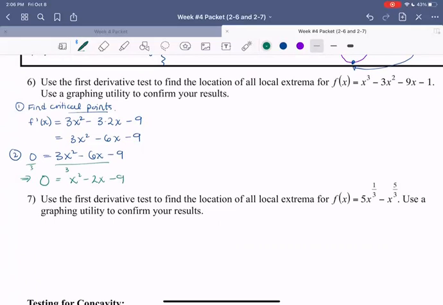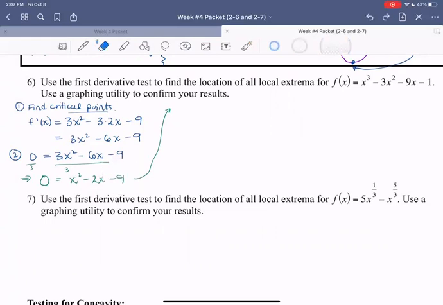So from there, we can try to factor. I'll bring that over here. So if I want to factor x squared minus 2x minus 9, well, I need to look for factors of 9, rather factors of negative 9 that add together to get me negative 2. So factors of 9. Good catch, everyone. We don't have a 9 here.